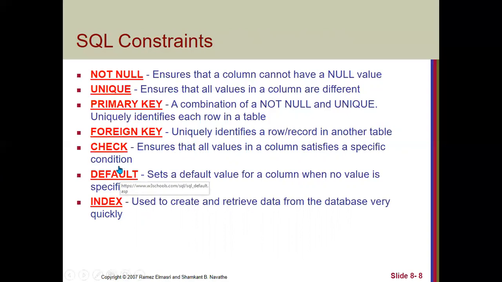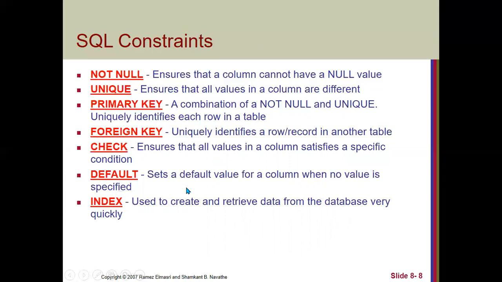DEFAULT means if the user didn't specify the value, then by default you will give it a value. For example, if the user didn't enter his number, then automatically the default will be the next number after the last number in the table.